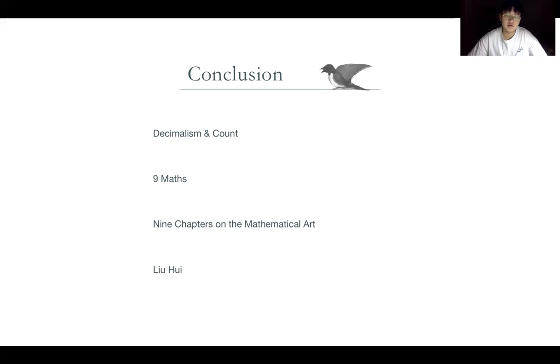In the end, we talked about Liu Hui, the mathematician in the Three Kingdoms period, who was the last mathematician who annotated the Nine Chapters on the Mathematical Art. So we can see he finally finished that in the end.